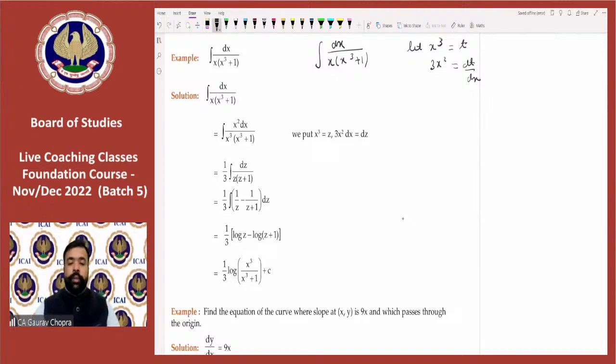Now, if we see the numerator, we only have dx. So in place of dx, we can write dt by 3x square. Or one thing can be done, we can multiply and divide the numerator by x square, so it becomes easy. So let us do that also.